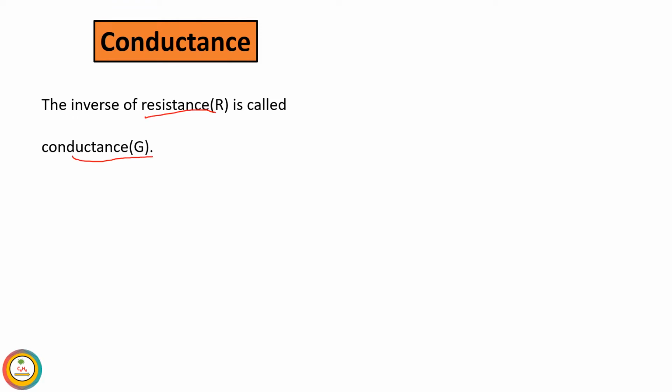The mathematical formula of conductance is G equals 1 upon R, where R is the resistance and G is the conductance. The unit of conductance is ohm inverse or omega inverse, or the SI unit is Siemens, represented by capital S.